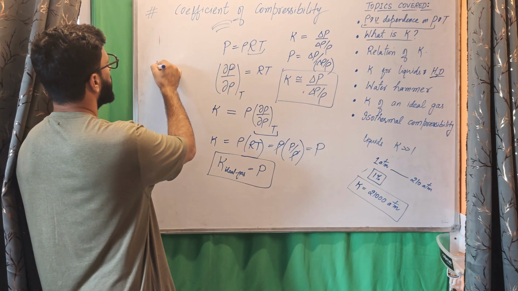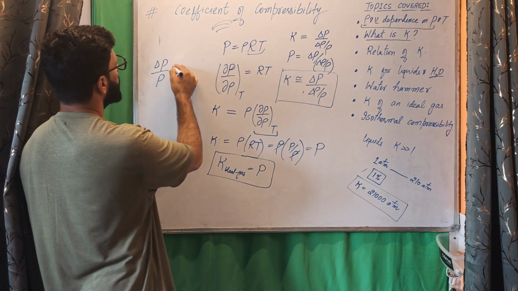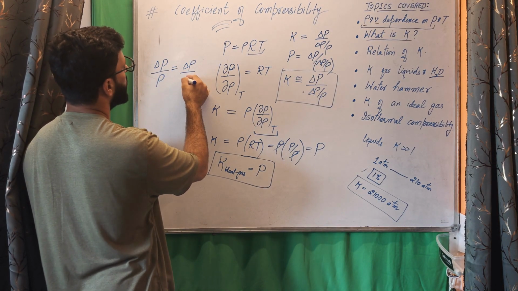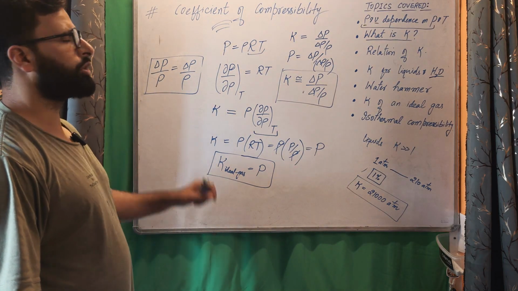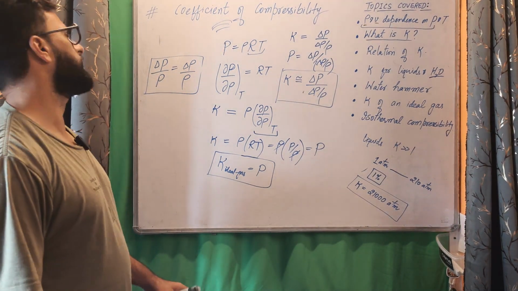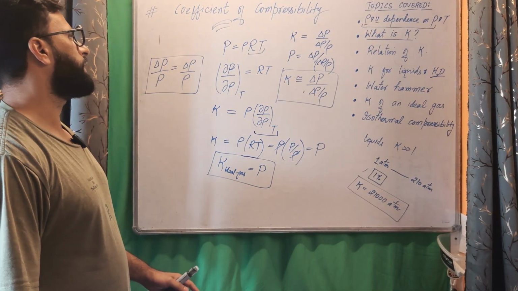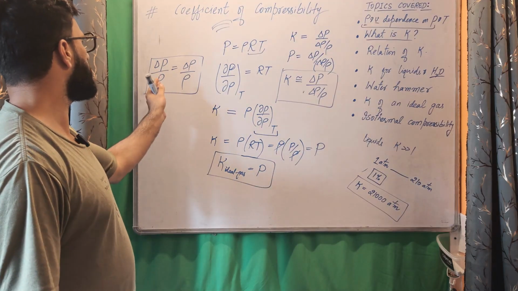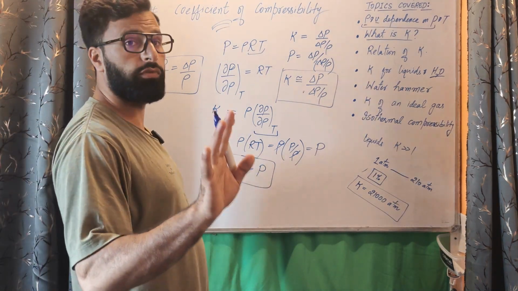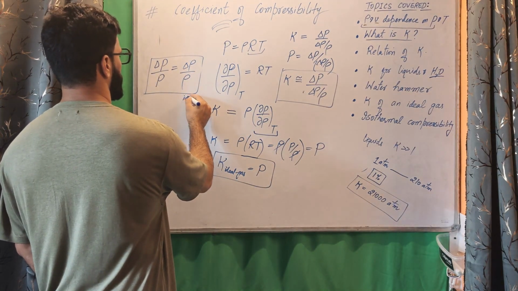So we'll get delta P by P is equal to delta rho divided by rho, which means for an ideal gas, relative change in pressure is equal to relative change in density. This is how we can quantify the amount of change in density due to change in pressure.